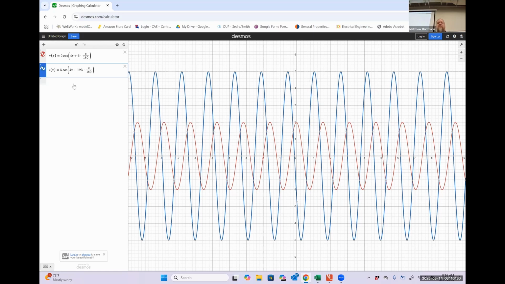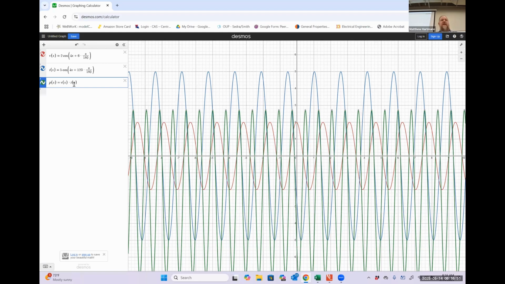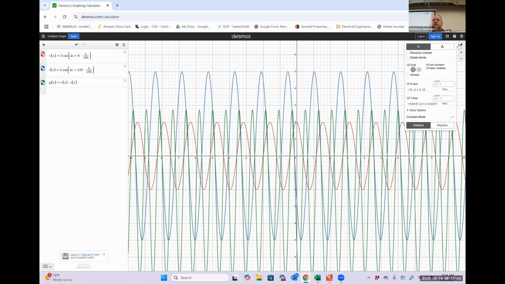So my red curve represents my voltage, my blue curve represents my current, and now I'm going to do one last curve here, and this is simply going to be V multiplied by I, which means it represents our, excuse me, not our complex power, our instantaneous power. Looks like I'm going to need to change my settings here just a smidge.